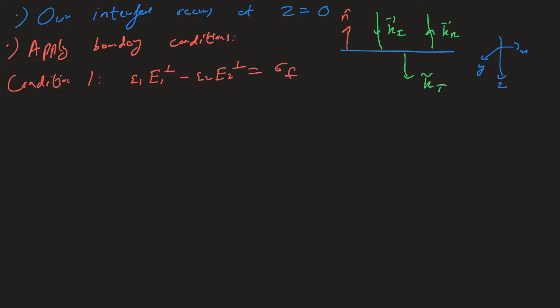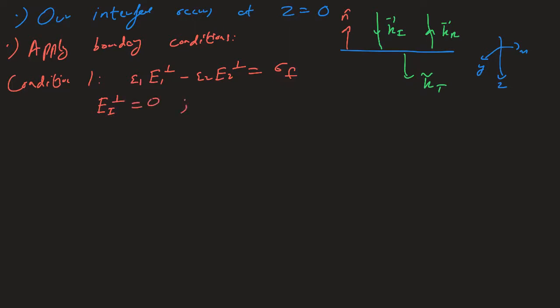But notice that there is no component of the electric field perpendicular to the surface, right? The electric field points along the x-axis, and that's completely parallel to the surface. So E1 or E incident perpendicular is equal to 0.